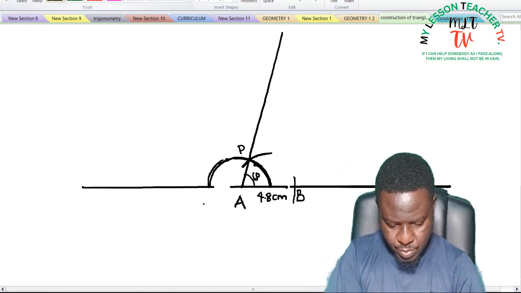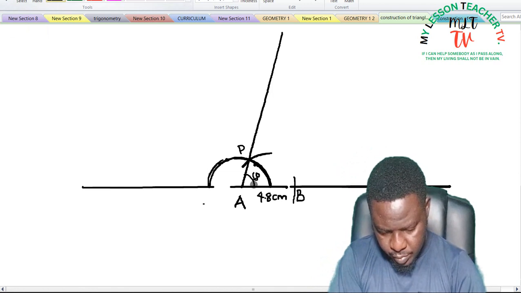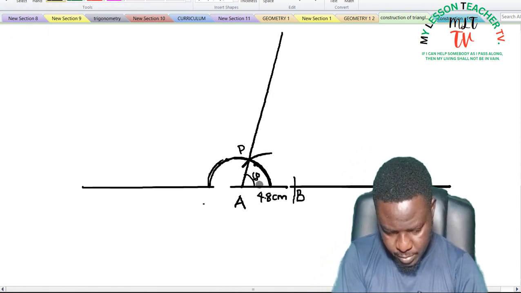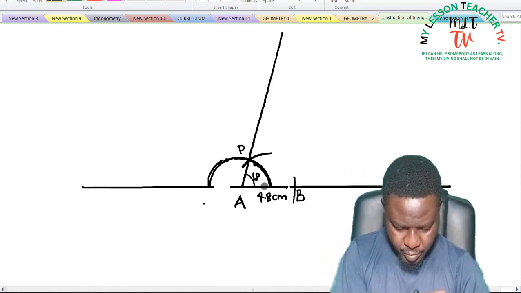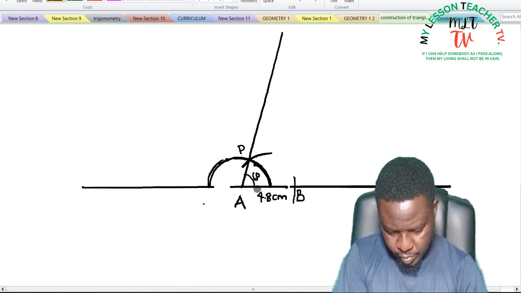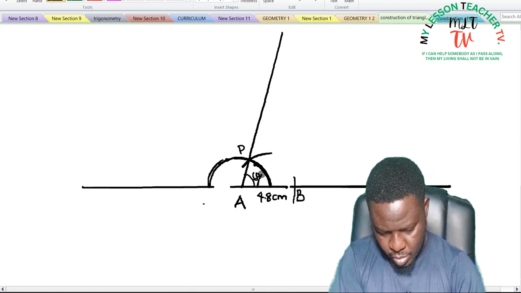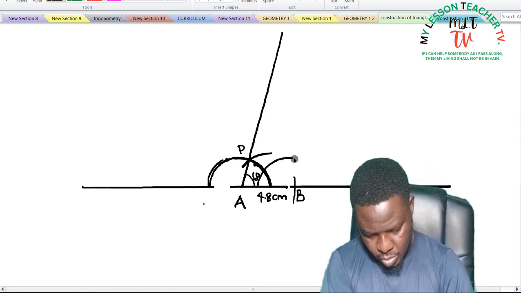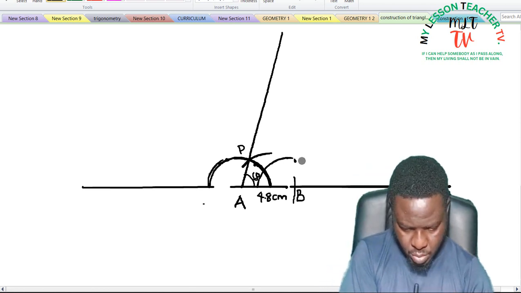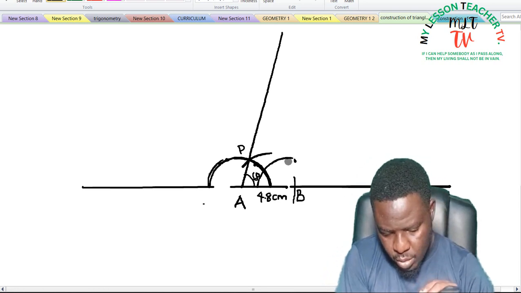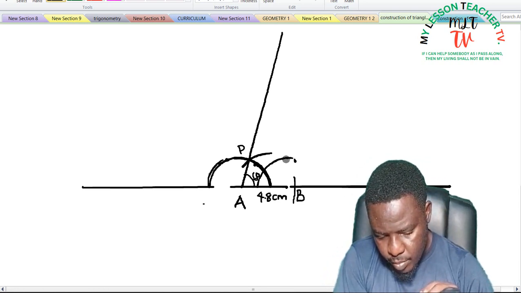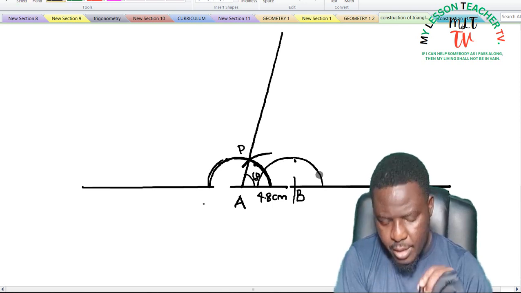So with B as center, you construct an arc.